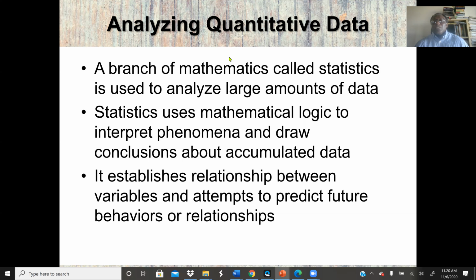Then the last part is the quantitative data, which has the interval and ratio. The difference between interval and ratio is that with interval, 0 means something. An example would be a temperature variable. When the temperature is 0, it means it's very cold. But if I have a bank account and my bank account balance is 0, it means nothing, I don't have any money.